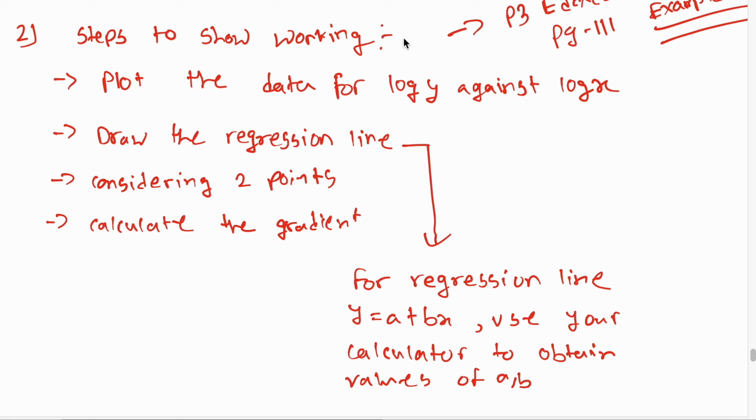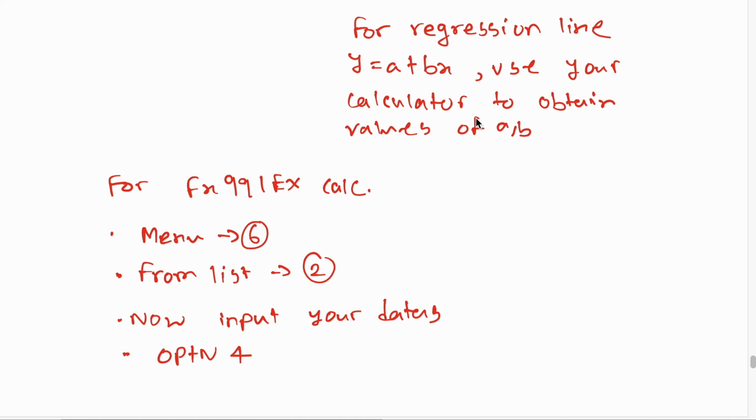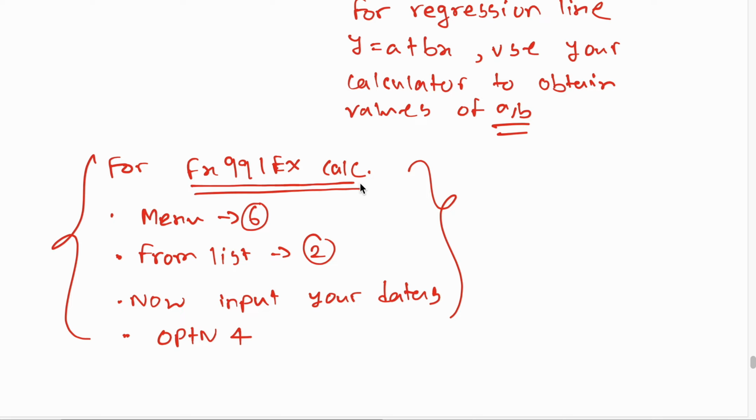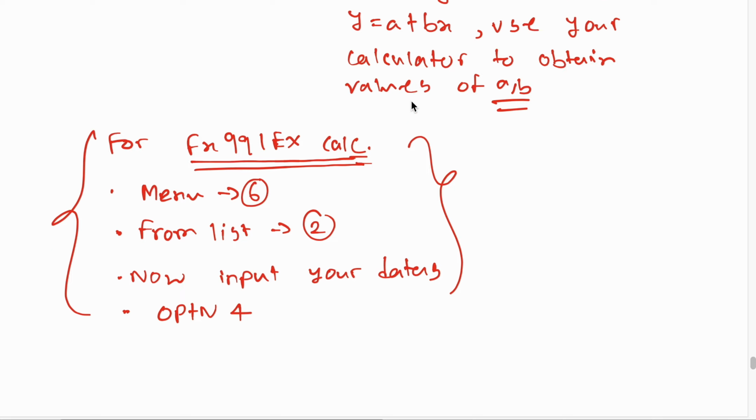So these are the steps. Steps to show: plot the data for log y against log x, draw the regression line considering 2 points, calculate the gradient for the regression line, use y equals a plus bx, and use your calculator to obtain the values of a and b. Here are the steps. It is for the fx991ex, and other calculators have other functions, you can check.